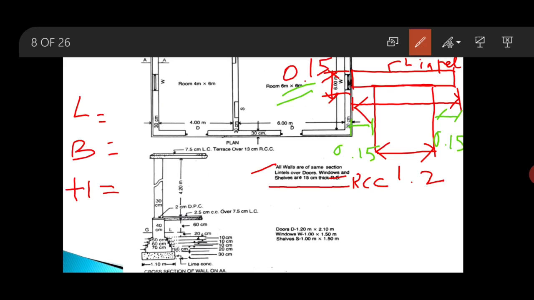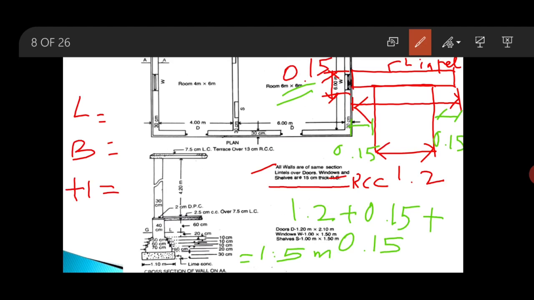So, what will be the total length of the lintel over door opening? The door opening is 1.2, and with that we will add the bearing on both the sides. So, this will give us the length of the lintel as 1.5 meter.